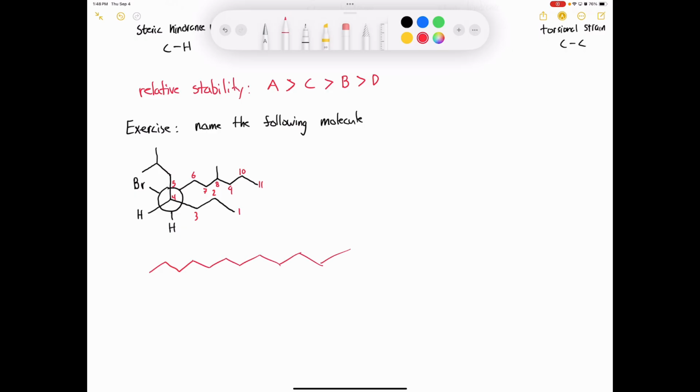Okay, so let's put on some substituents. What goes on the 4th carbon? Wait, did I draw too many carbons? Yeah, I did.